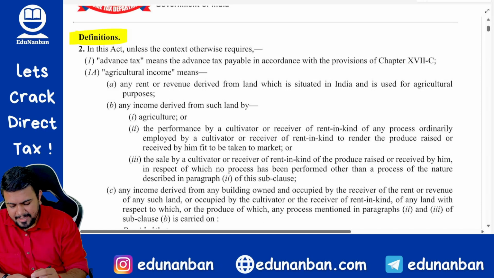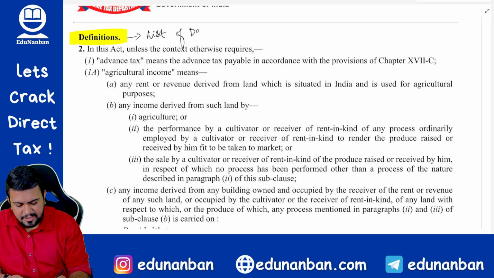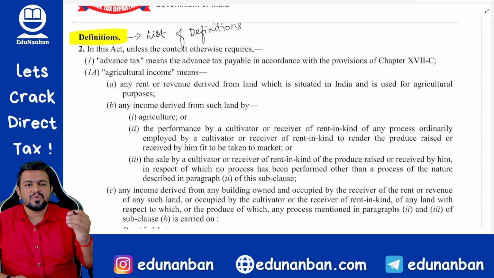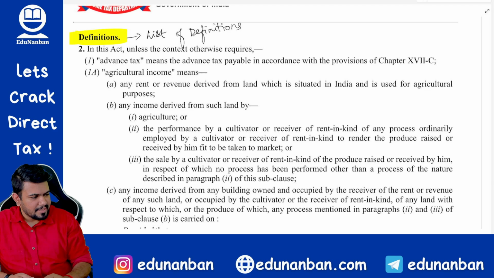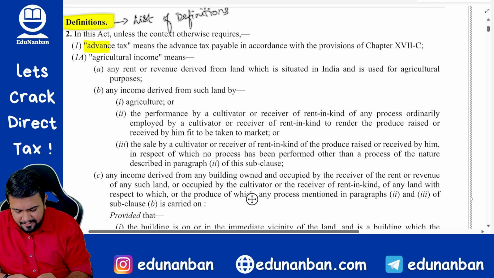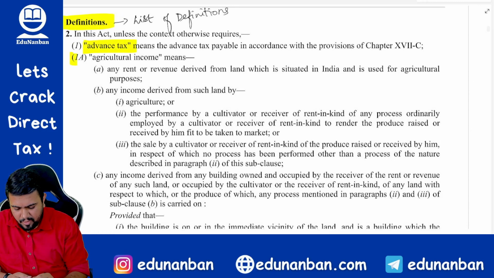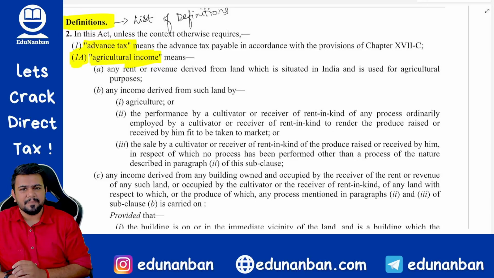Section 2 contains a list of definitions. Definitions means what? What is the meaning of the different words that are used in the Income Tax Act? So that is only definition. Now if you see here, first the definition of advance tax is given. Then there is 1A, subpart 1A, which gives the definition of agricultural income.